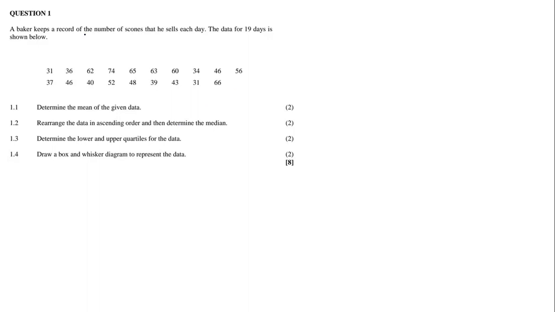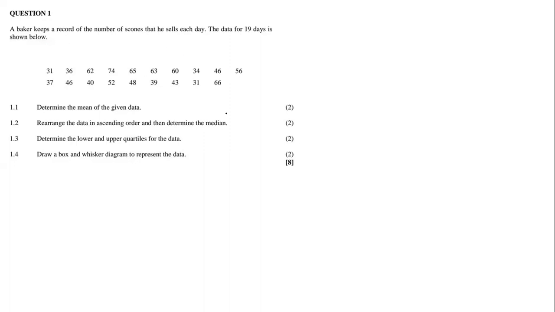The statement provided to us reads as follows. A baker keeps a record of the number of scones that he sells each day. The data for 19 days is shown below.